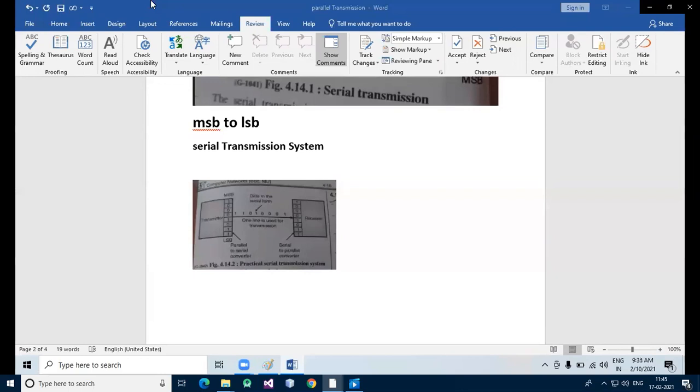In parallel transmission, the speed of data transfer is fast, because each bit has a separate wire. But in serial transmission, the speed of data transfer is low, because we are working with only one wire.